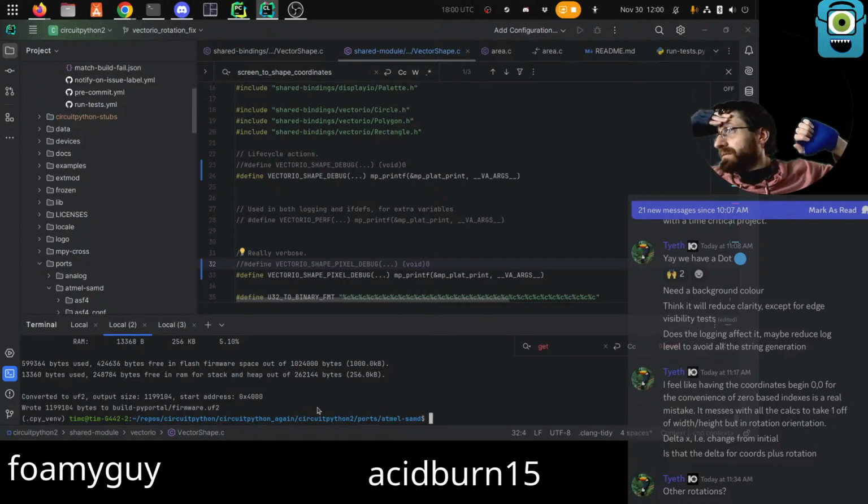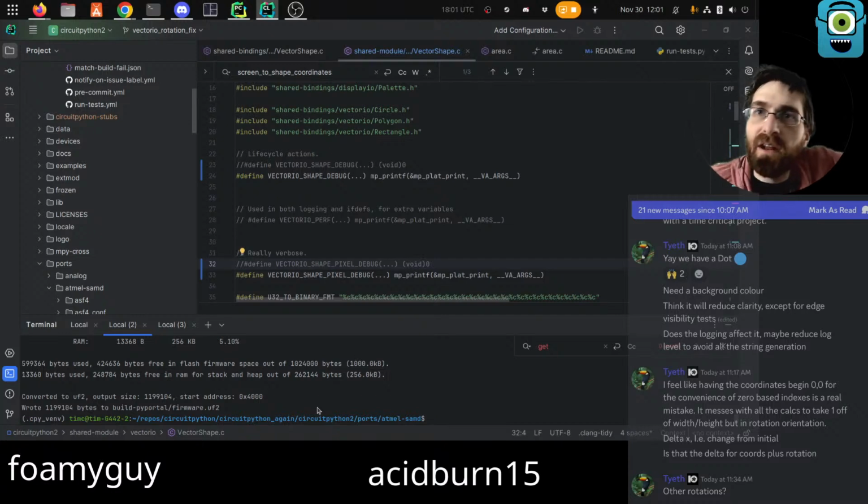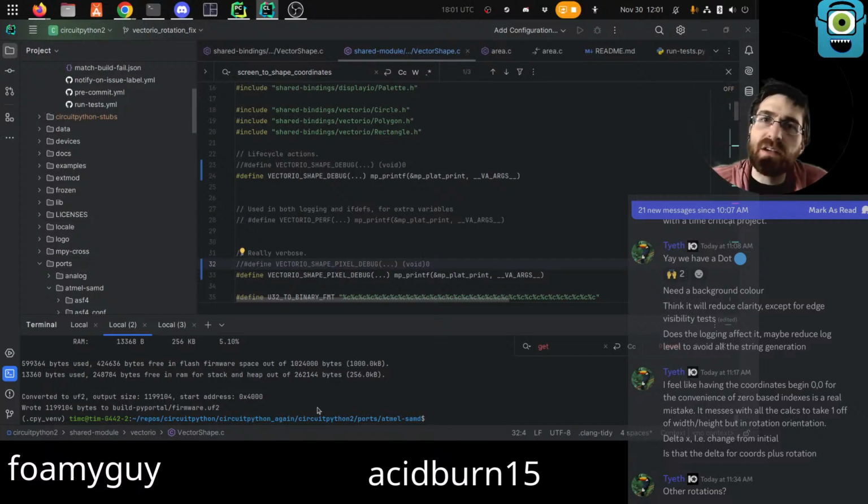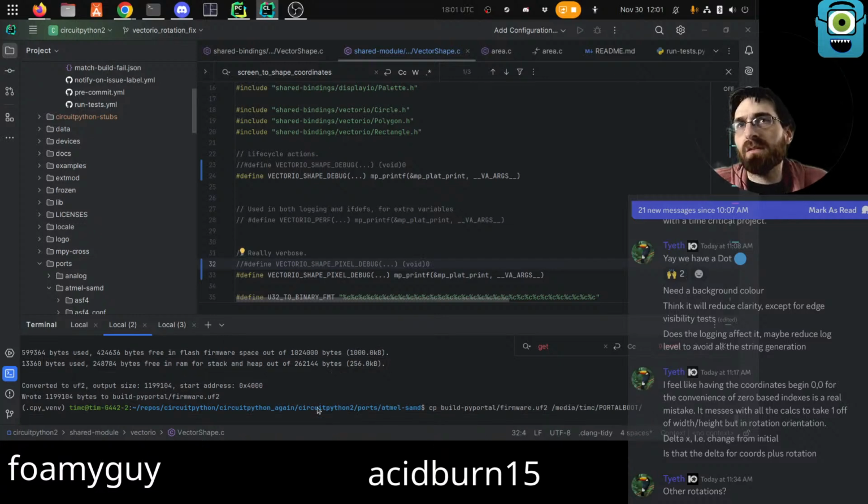I don't get at all how the change that I made can break single width shapes on rotation 270 but not rotation 90.